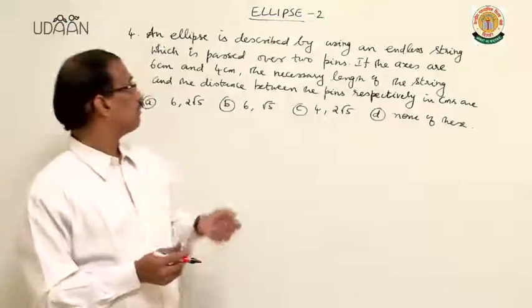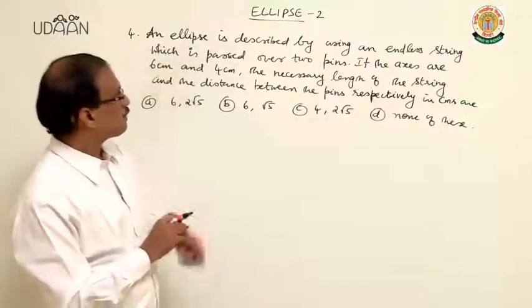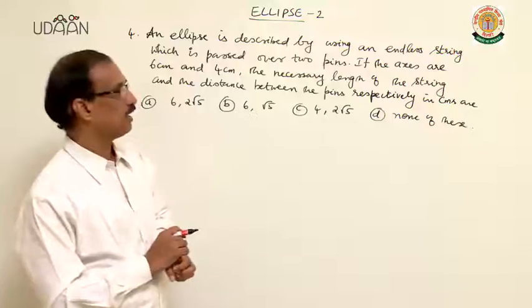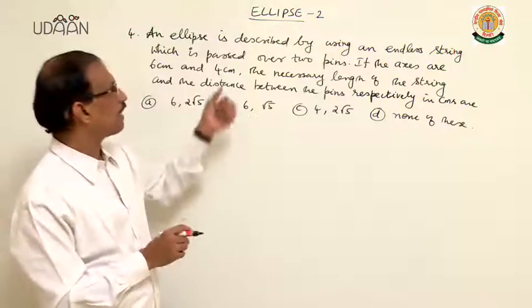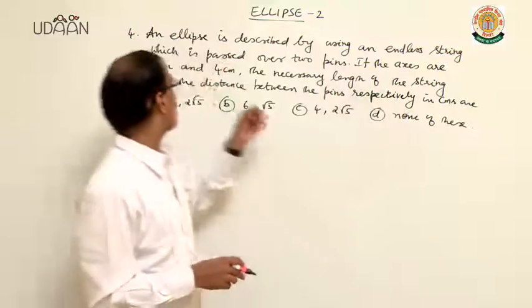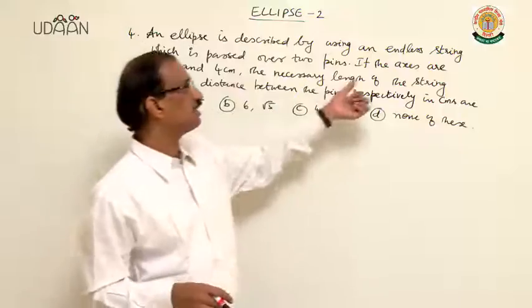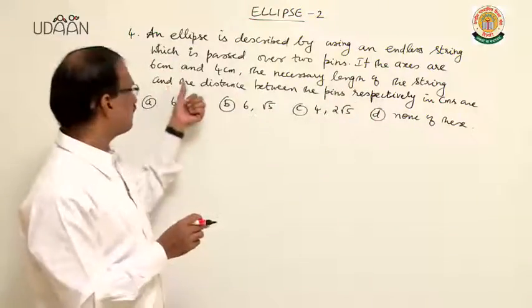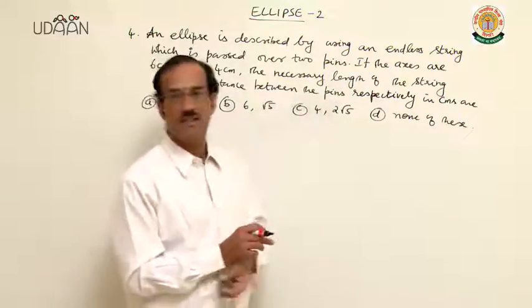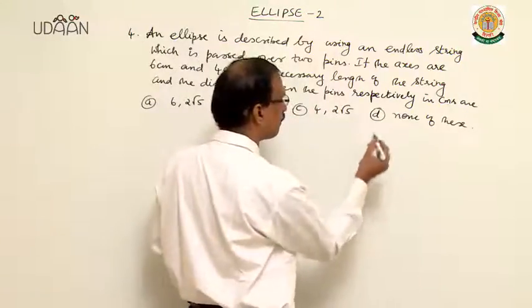Let us see some other question. Now the fourth example, if you read it: an ellipse is described by using an endless string which is passed over two pins. If the axes are 6 cm and 4 cm, what are the necessary length of the string and the distance between the two pins respectively? We have two pins here, and a point is traced out.